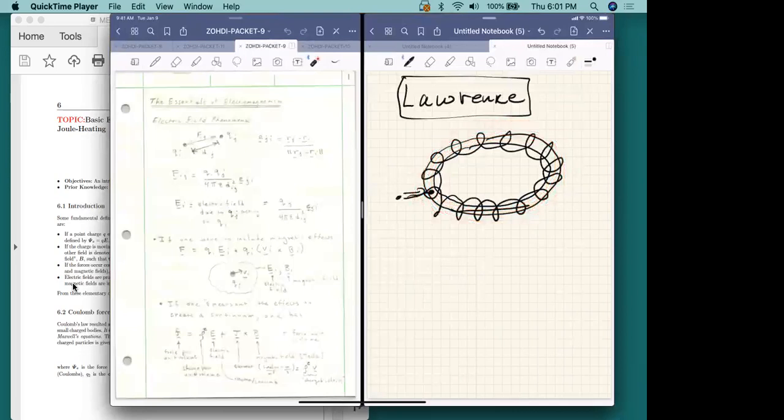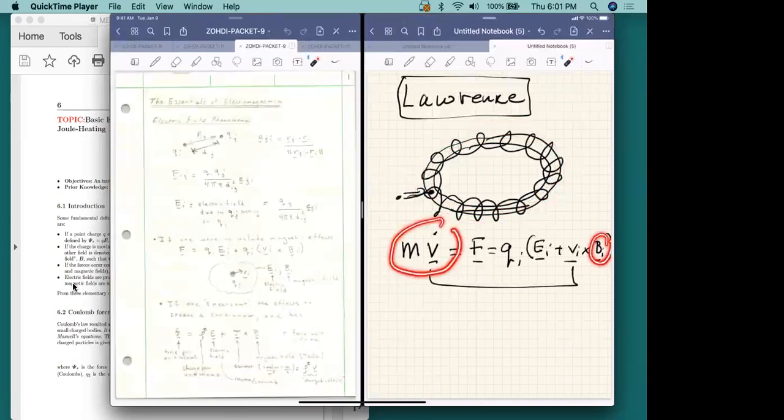So the idea is that if the mass of the particle times its acceleration is equal to the force that's acting on it, and the force is q times the electric field plus the velocity of the particle times the magnetic field, we start to see that this and this are related. And in fact, the equations for this, depending upon how big the magnetic field is, it's going to start accelerating. So if you start to put a monster magnetic field here, you can start to make this thing really start to speed up.